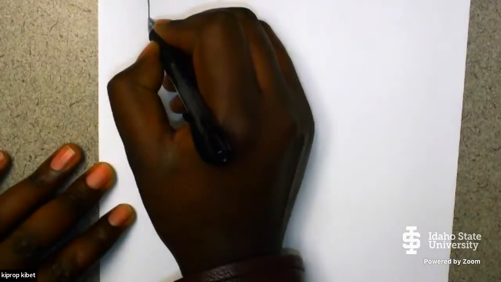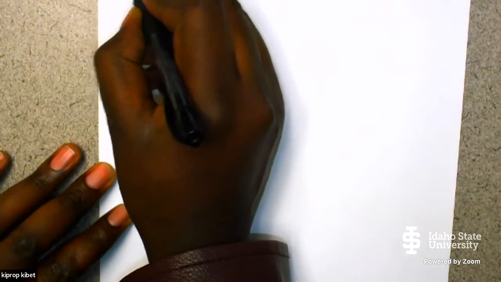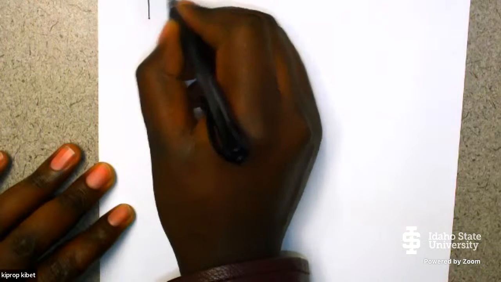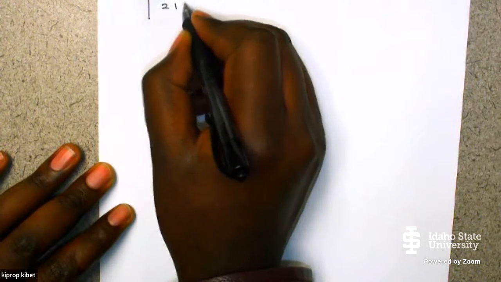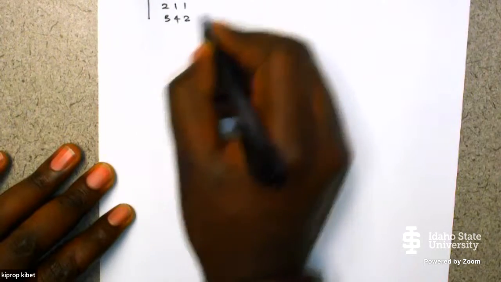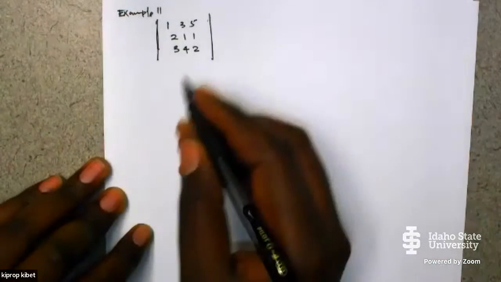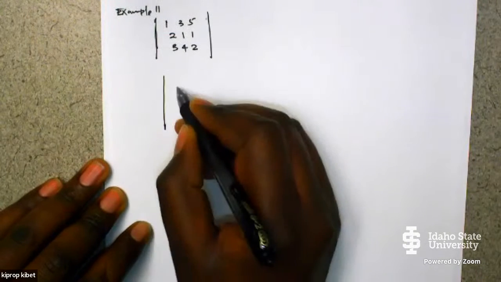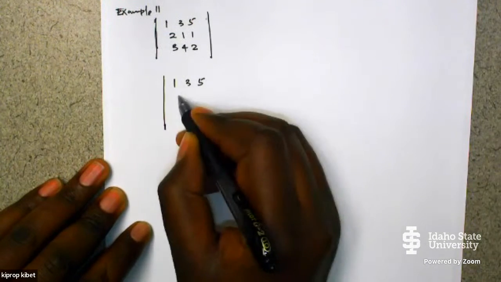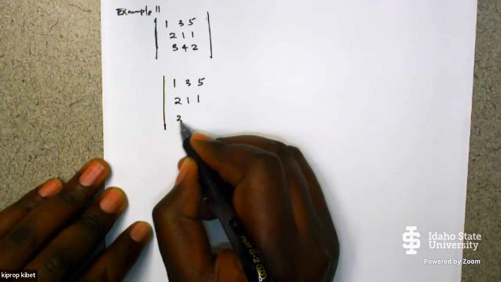For example, find the determinant of, example number 11, the matrix 1, 3, 5, 2, 1, 1, 3, 4, 2. So this example we have done several times. So the determinant should be 2. What do you do here? So using that special method, you write 1, 3, 5, 2, 1, 1, 3, 4, 2.